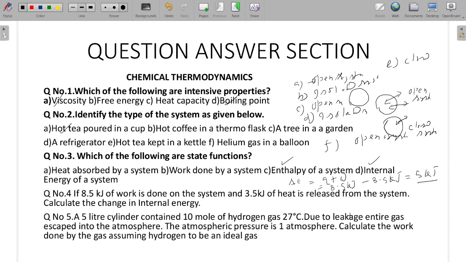The atmospheric pressure is 1 atm. Then calculate the work done by the gas, assuming the hydrogen to be an ideal gas.